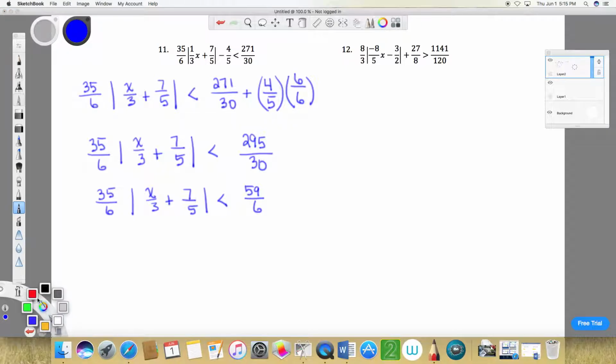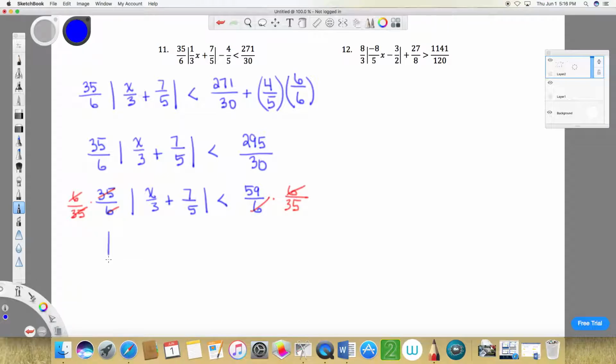The reciprocal of that is 6 over 35. And that's because now when you multiply reciprocals, these cancel and I just have 1. I don't have to change the direction of the inequality. If I multiply the left-hand side by 6 over 35, I need to multiply the right-hand side by that. So I can see that the 6 divided by 6 there cancels.